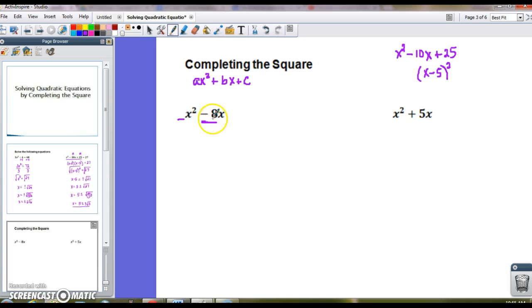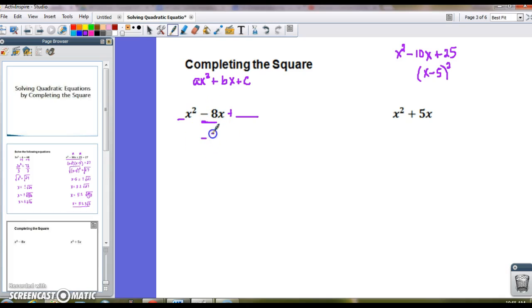What I'm going to do is take half of my b and square it, and I'm going to add that to the end of my equation. So half of negative 8 is negative 4.